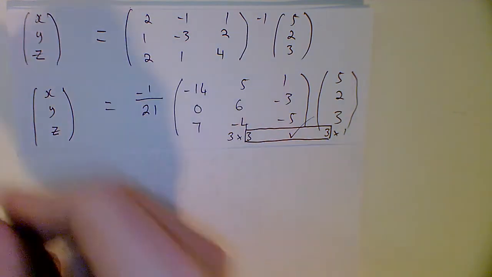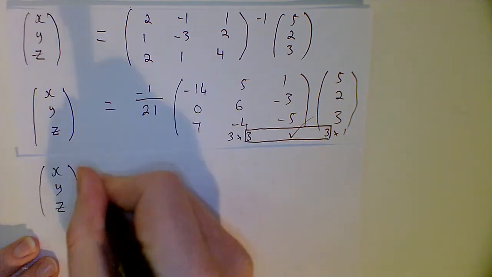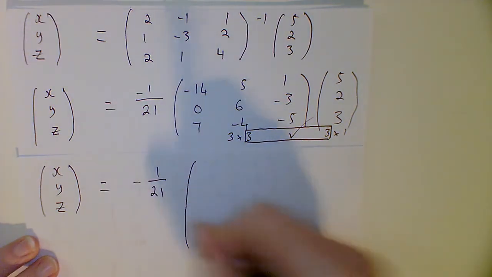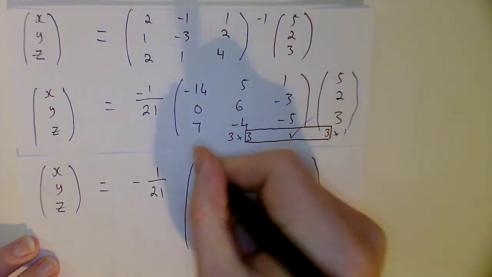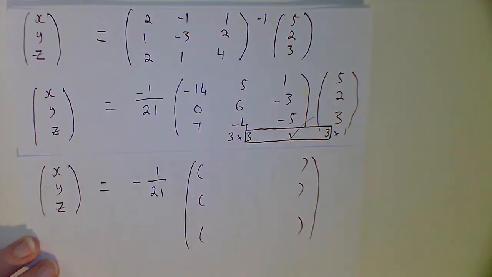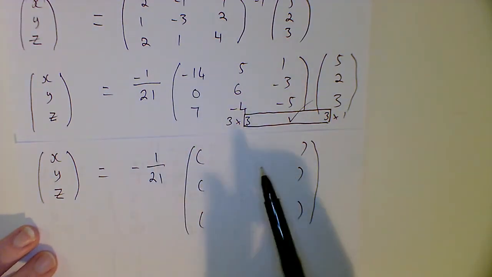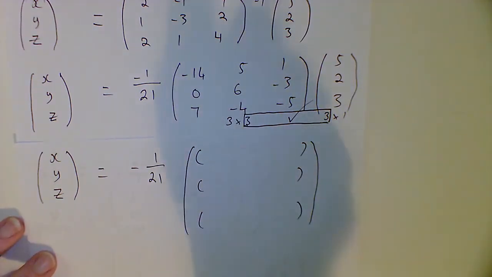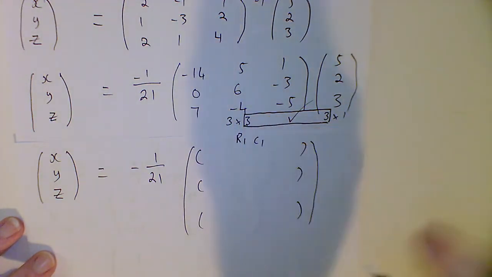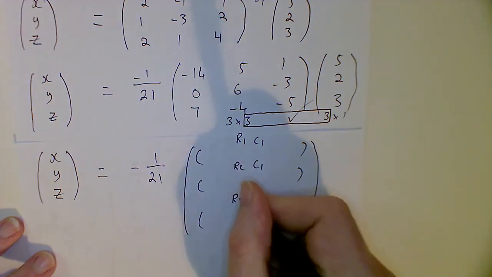So it's just one element in each row. I'm just doing it because I know I've got to do matrix multiplication. So I know that's row 1, column 1. That's row 2, column 1. And that's row 3, column 1.